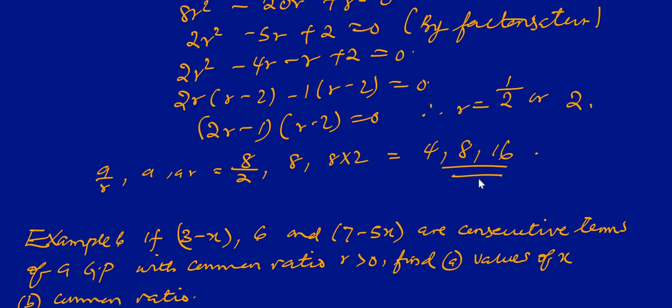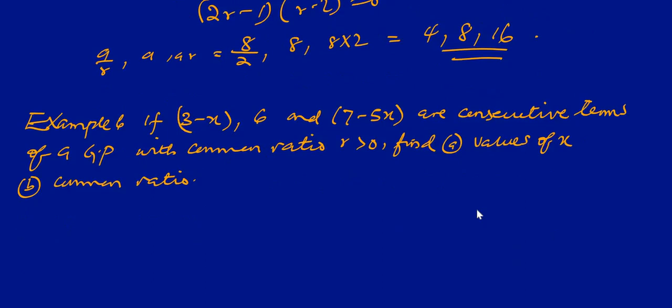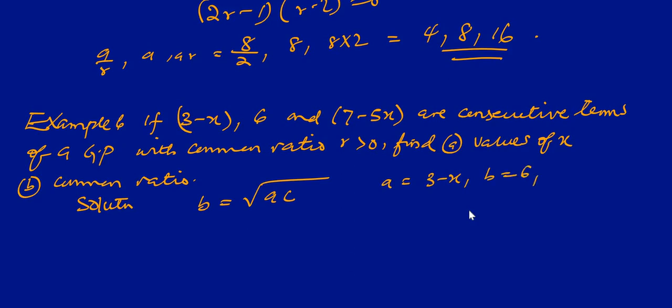So from there, we take a look at the next example. This particular example is very crucial because we are going to make use of the geometric mean. Remember that if the three terms are in GP, the middle term B is equal to the square root of AC. Here, A is equal to 3 minus x, B is equal to 6, and C is equal to 7 minus 5x.